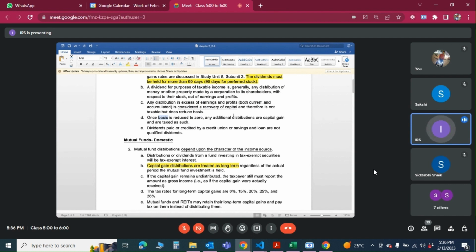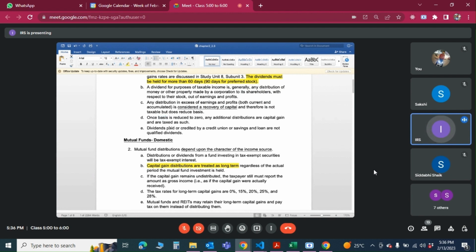If you have put in, say, $100,000, you already got the full $100,000 back, and if you're getting $20,000 more on top of it, then obviously that $20,000 becomes gains. It's not going to be regular income because this is coming out of the investment, so it's going to be some kind of gain only.